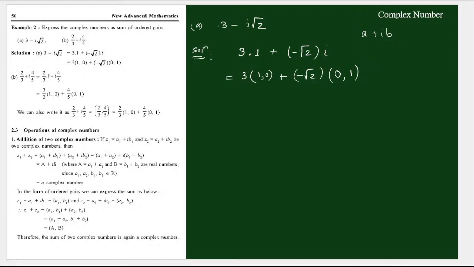Do you understand up to this much? You write in the comment. Both of you are online.